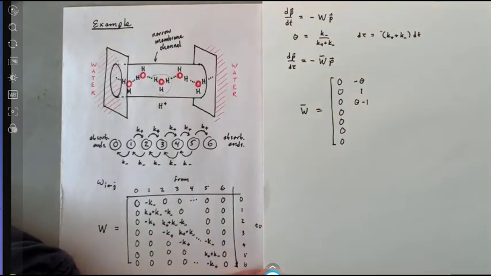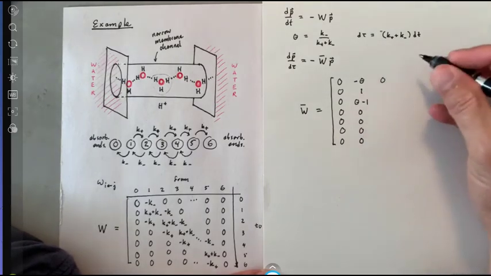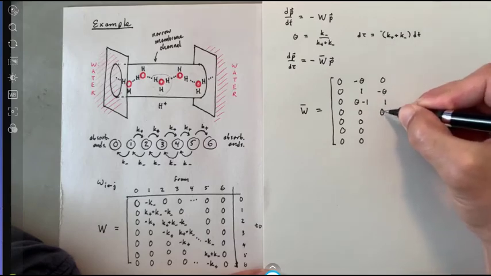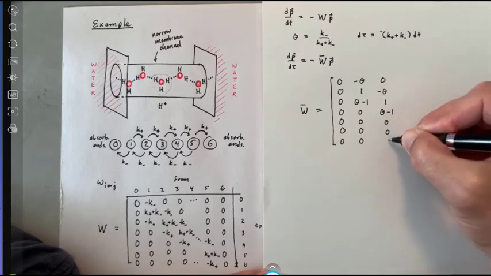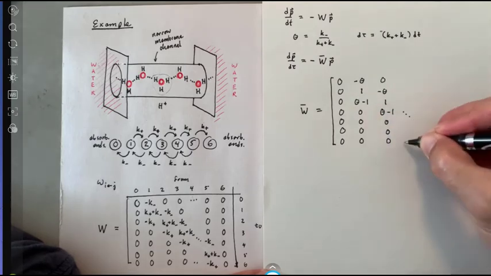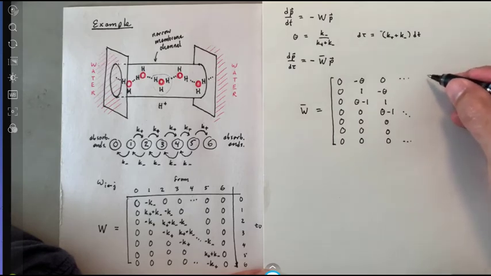All right, so every single column is going to do something like that. So we have 0, minus theta, 1, theta minus 1, 0, 0, 0. This little pattern runs down the matrix until we get all the way to the second to the last column.